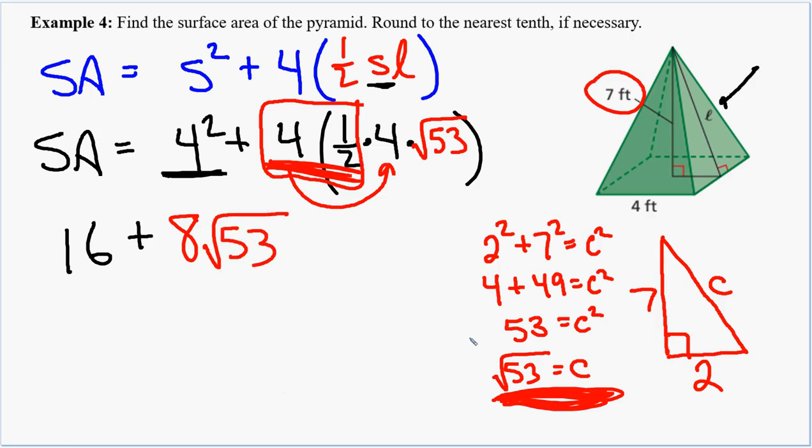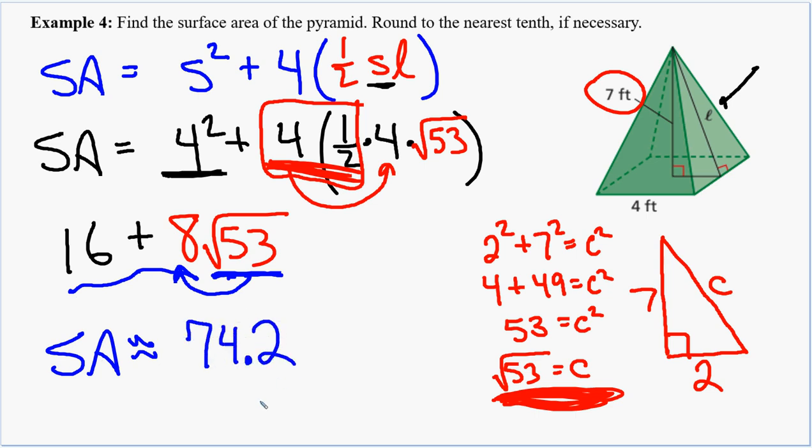Now, I think this is real easy to put in the calculator. I would do the root 53 first. You'll get a decimal, multiply that by 8, and then plus 16, and you should get surface area is approximately 74.2. Our units are feet, and that will be feet squared because we're talking area.